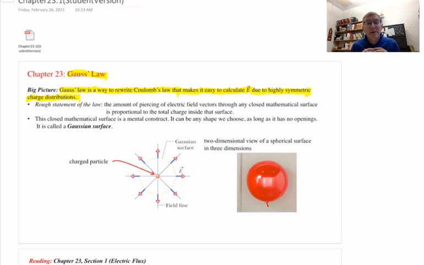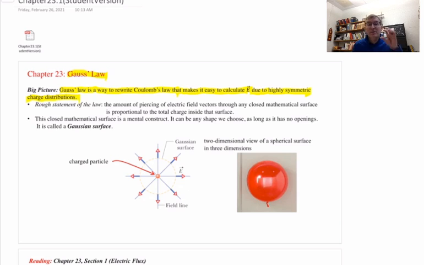Very symmetric shapes, the most symmetric shape, of course, being a sphere. So when you have a distribution of charge that is shaped in a way that is highly symmetric, and you want to calculate the electric field that that charge produces, Gauss's law is going to be the way we're going to do it. And it is so much easier than the technique in chapter 22 that eventually I want to get you to the point where you appreciate that.